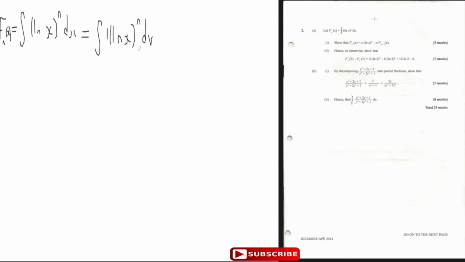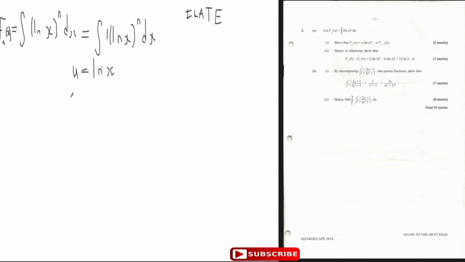Now, when you have the 1 right here, you can remember by parts, you have to use the ILATE rule. So let me write down ILATE. What does the ILATE rule tell us? It tells us how we substitute for u. Logs come before algebra. And so we're going to substitute u as ln x to the n.